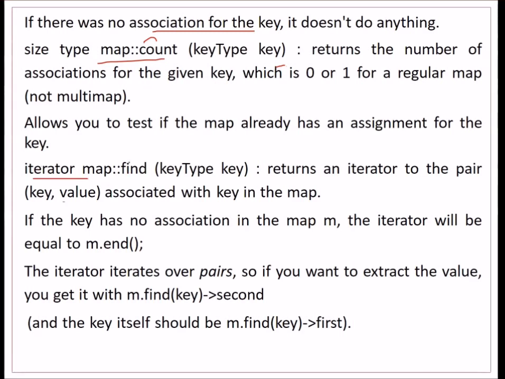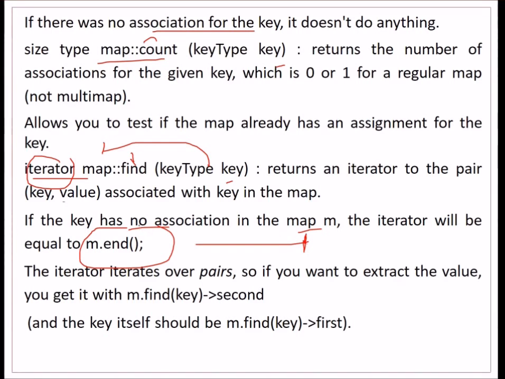For iterator map find, because the return type is an iterator, it returns an iterator to the key-value pair which is associated with the key in the map. And if the key has no association in the map M, the iterator will be equal to M dot end, because the same discussion applies: if values are not found, it will be at the end.